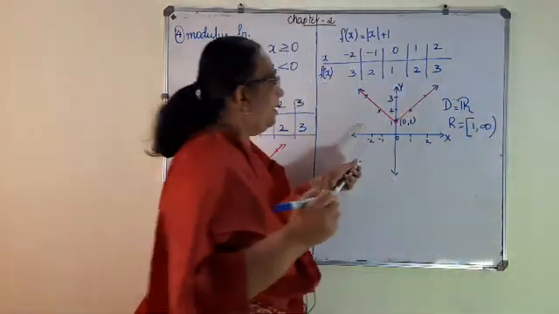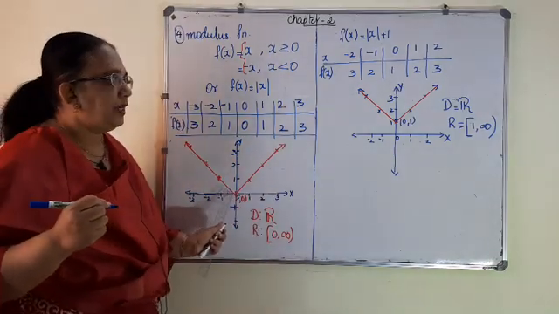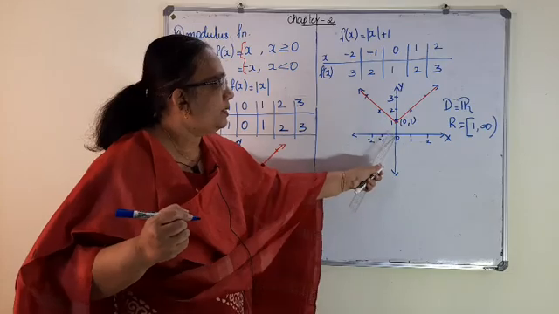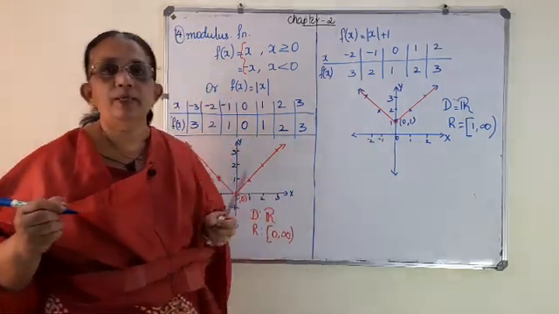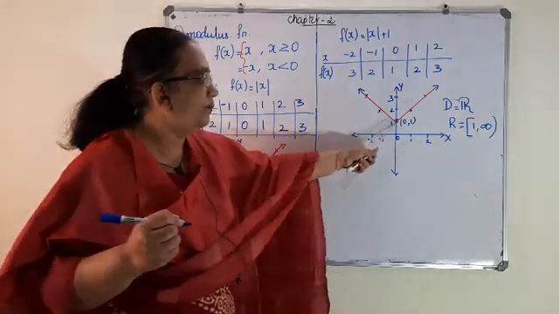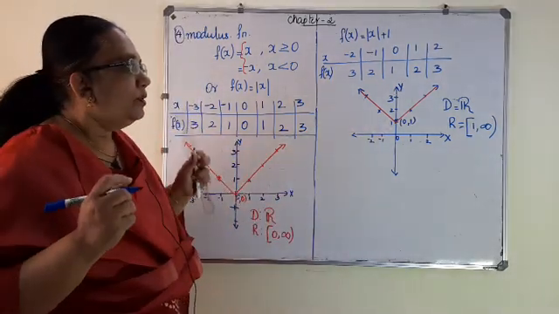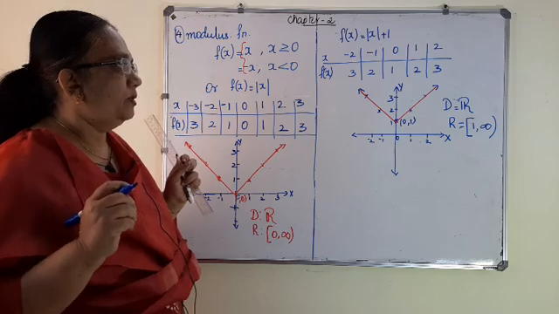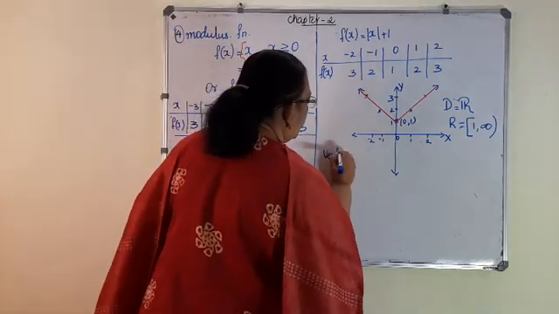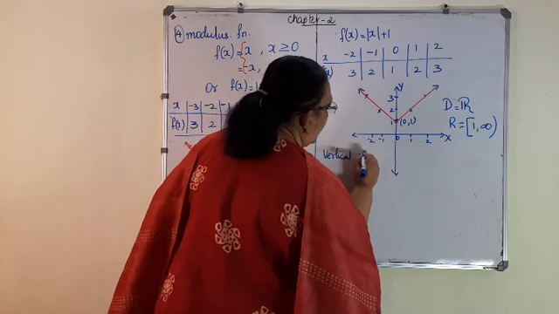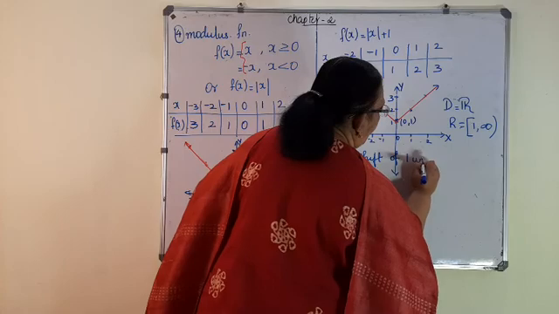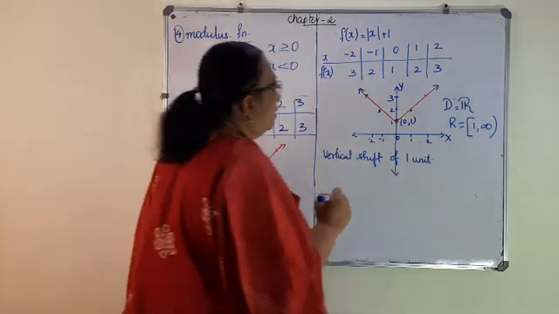That means modulus of x plus 1 gets a vertical shift of 1 unit upwards.